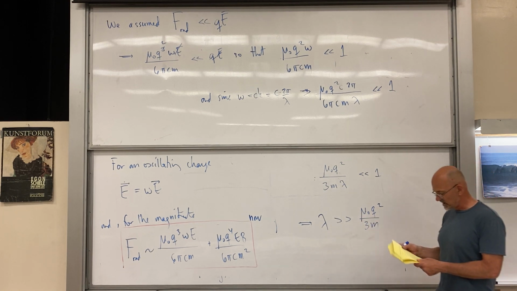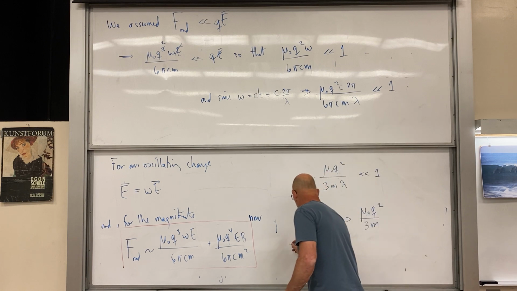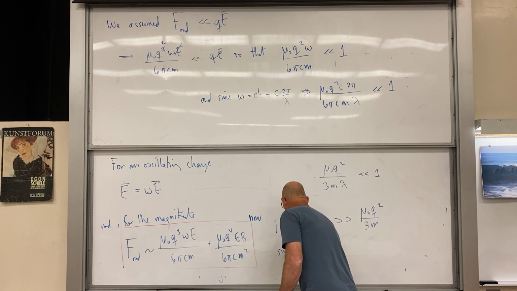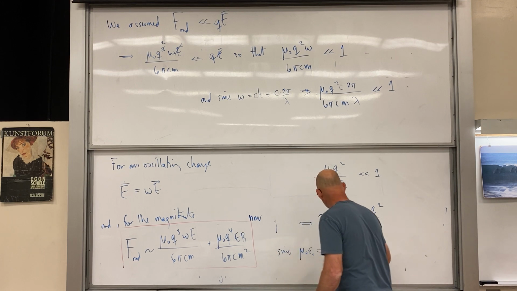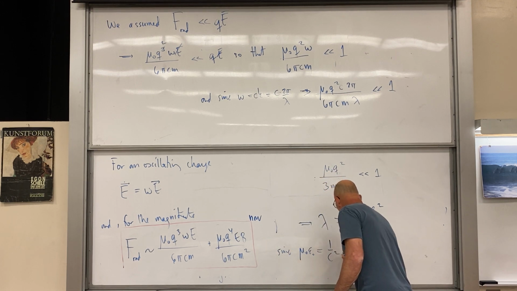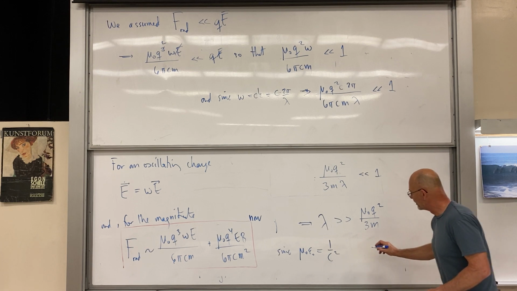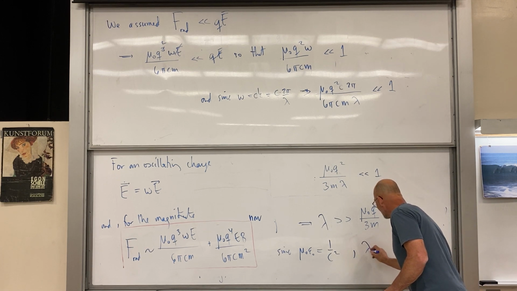We're not worried about the 3 here. But since mu naught epsilon naught is equal to 1 over c squared, we have one more relation here.